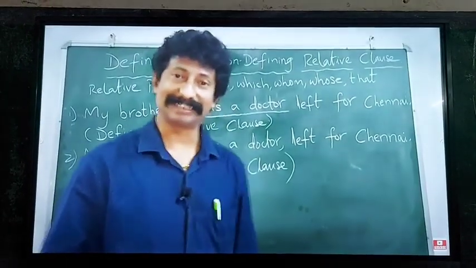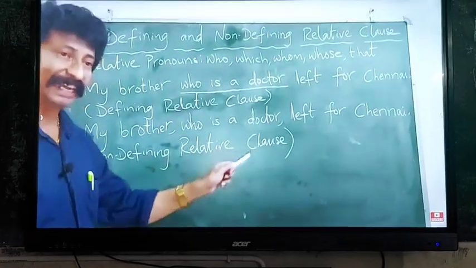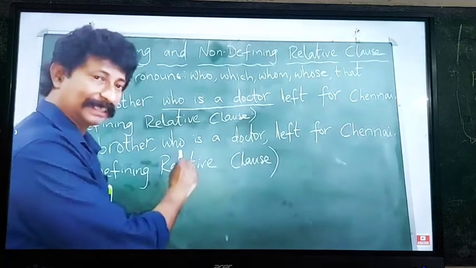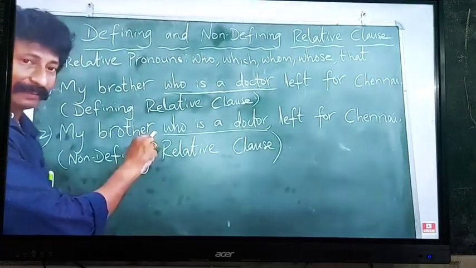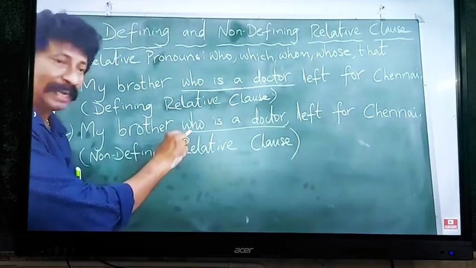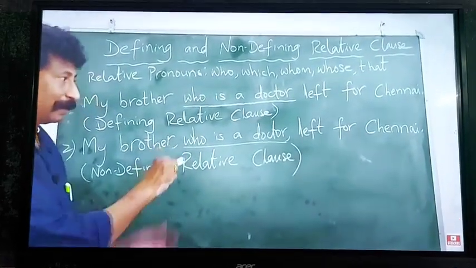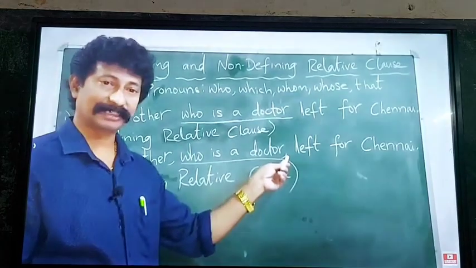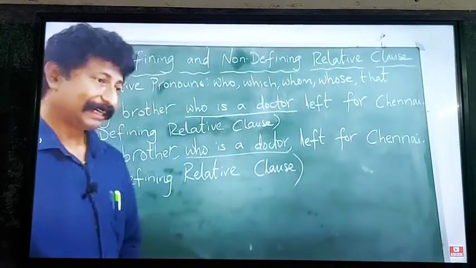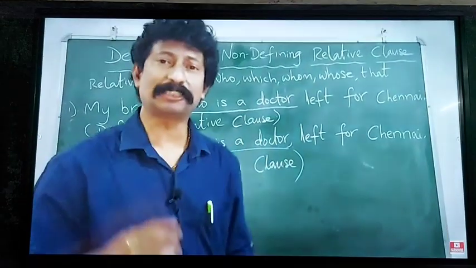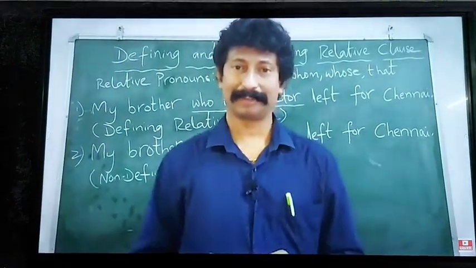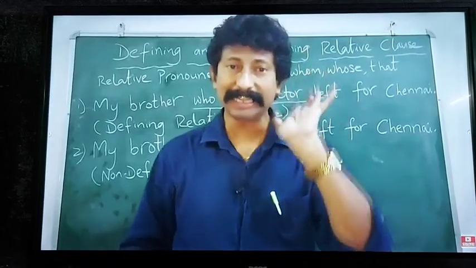Yes, in the second sentence, the relative clause is separated by two commas. Just before the relative pronoun, there is a comma, and at the end of the relative clause, another comma is there. Here, we are just giving additional information about the noun that was before.